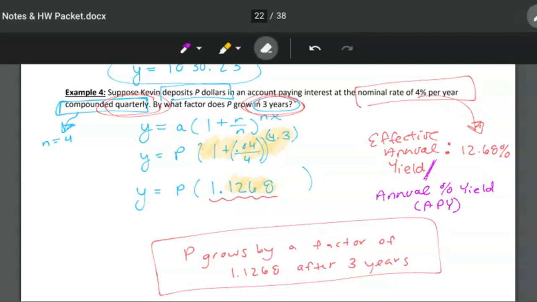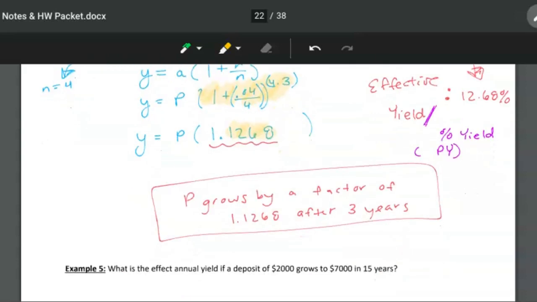And actually, maybe I should take out the word annual. This is just the effective yield, or the percent yield here, because this is not talking annual. Annual would be once a year. We're talking about in 3 years. They just use different phrases in the book, but anything like effective yield, percent yield, think yield is usually what you get at the end. Those are vocab words to know.